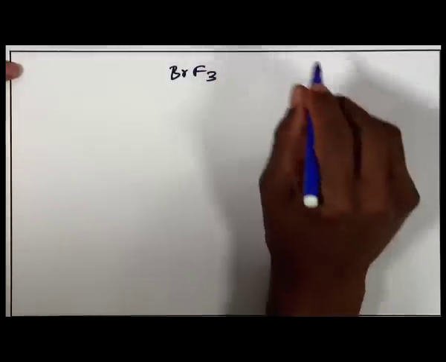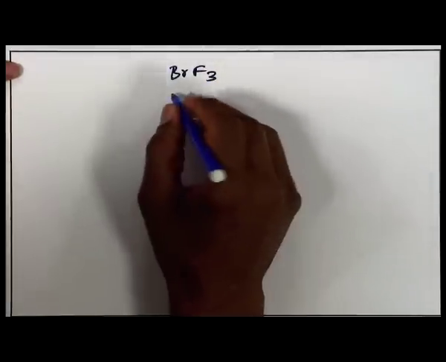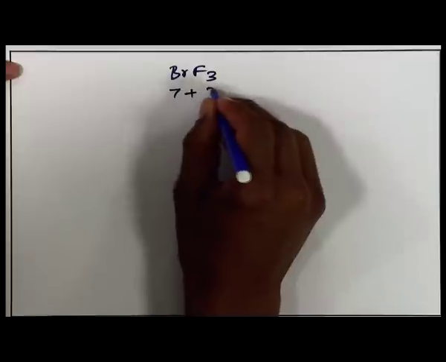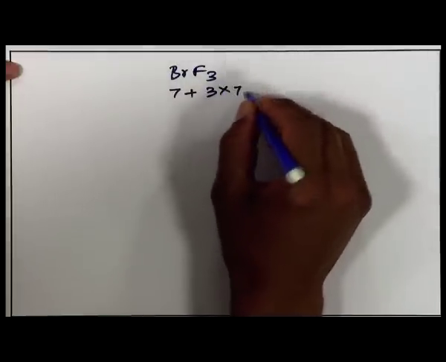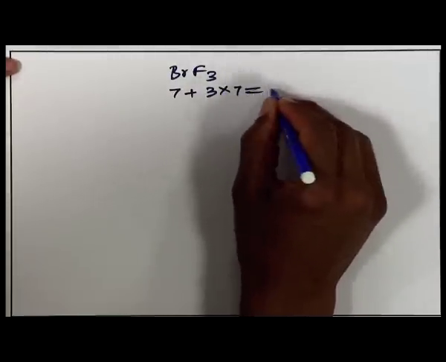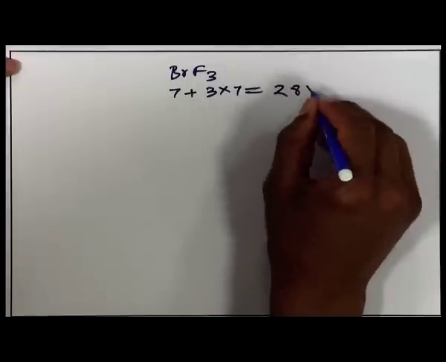Good morning. Let us see a couple of structures based on VSEPR theory. We have seen the BrF3 molecule. Its valence electrons you can calculate as 7 plus 3 into 7, which gives 28 valence electrons.